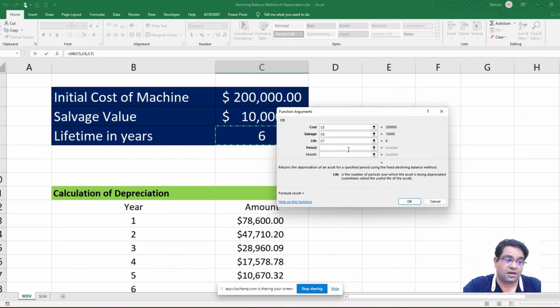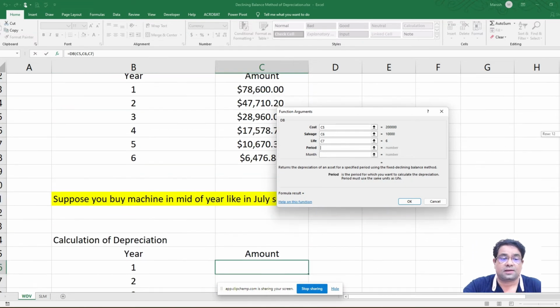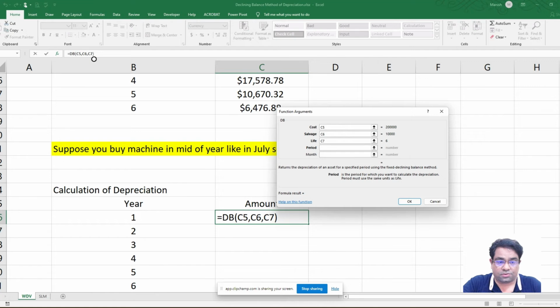Here we take 1 for the period, and also the month, because this time from July to December only 6 months this asset is used: July, August, September, October, November and December. So we use 6 months here, and okay.